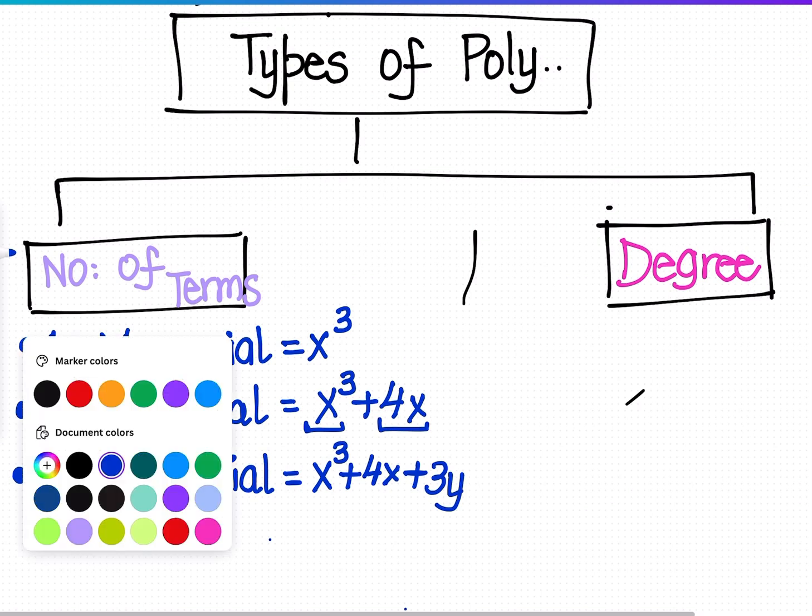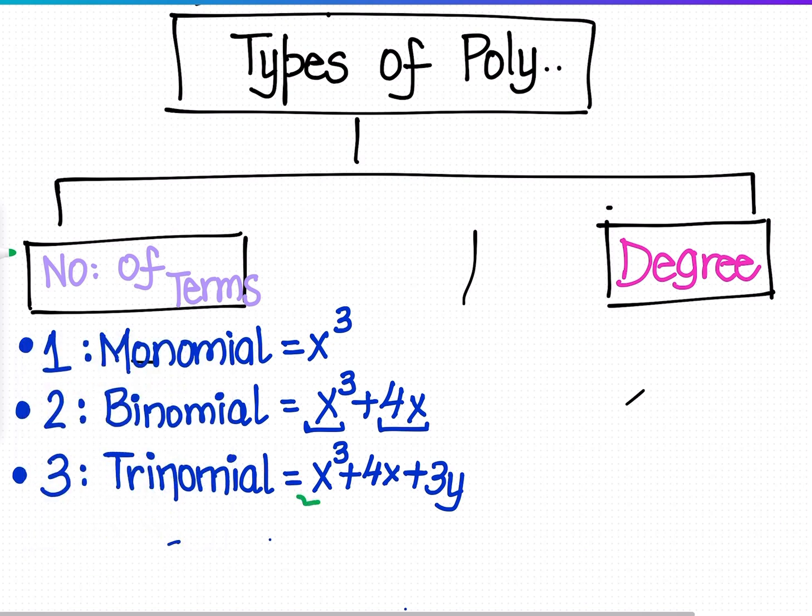So hence the name trinomial. This is the first term, second term, third term. And here I would like for you to also circle and highlight tri, which helps us understand. Now here it is a binomial because it has 2 terms, which are these. Mono means 1, monomial, only 1 term.